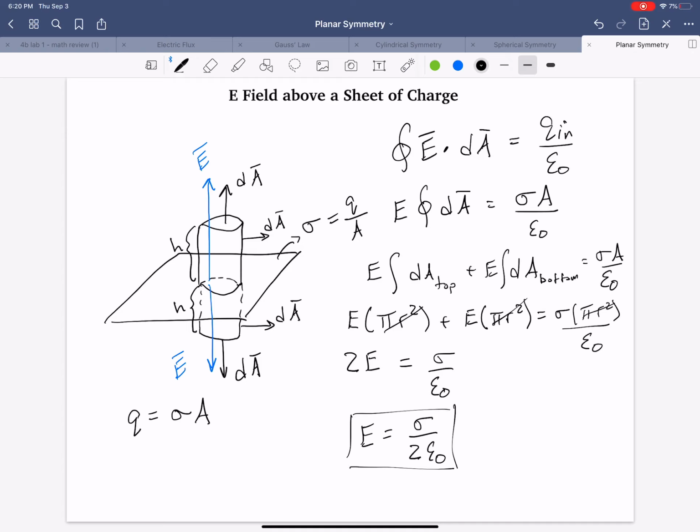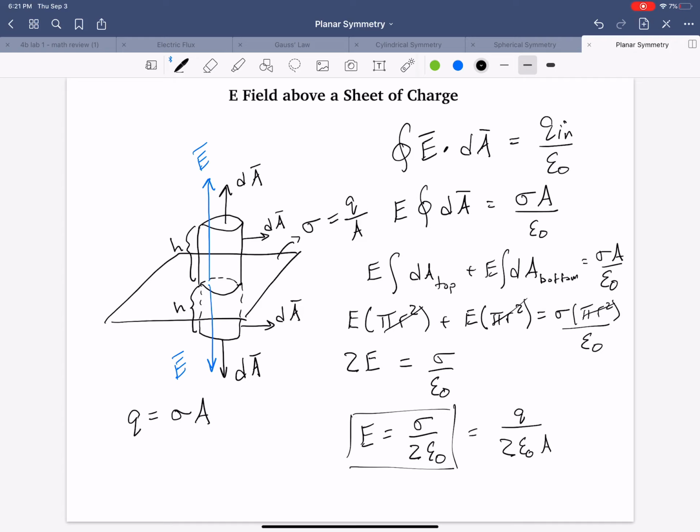And that's it, right? If you want to plug in for sigma, right? Now to put this in terms of Q, you can. Let's see. The field is really Q over 2 epsilon naught times some area.